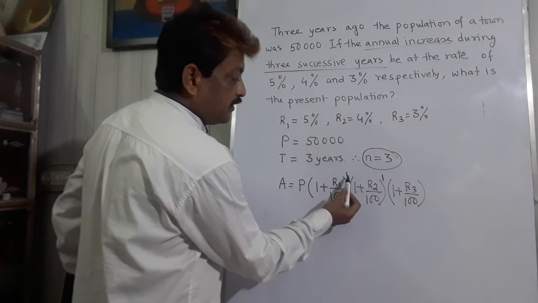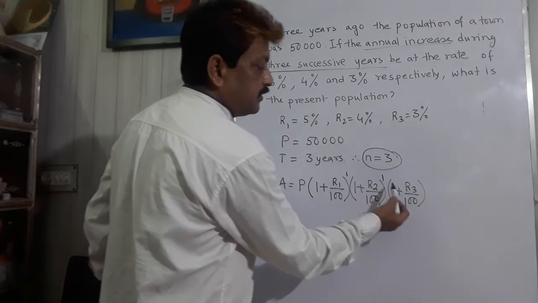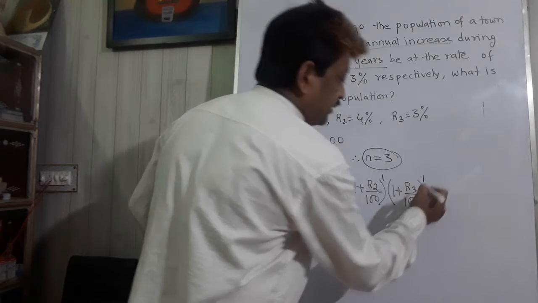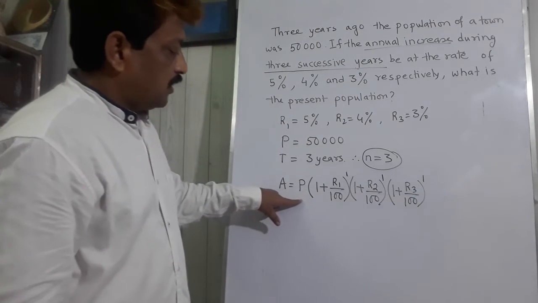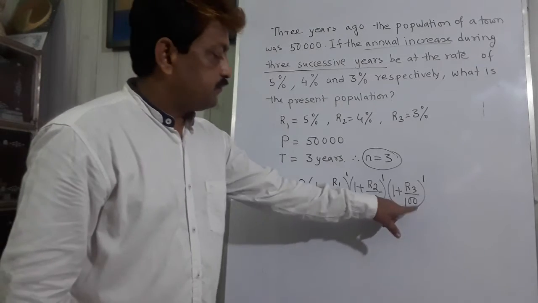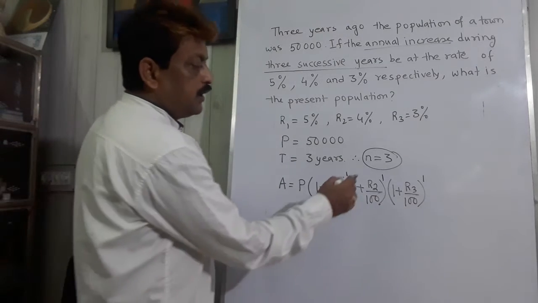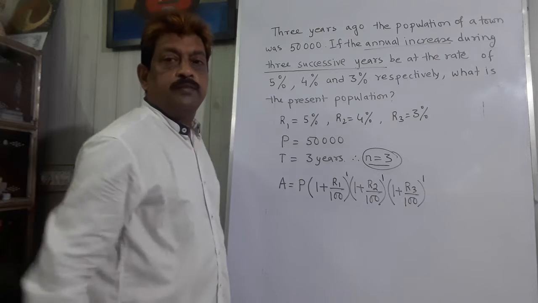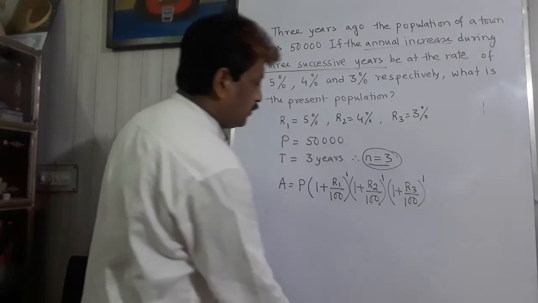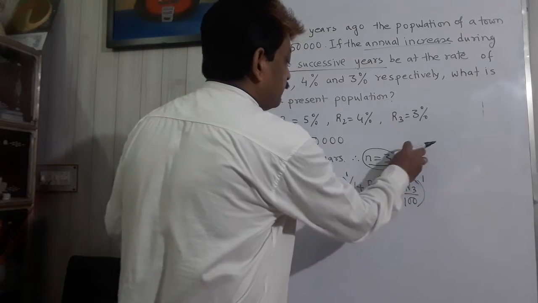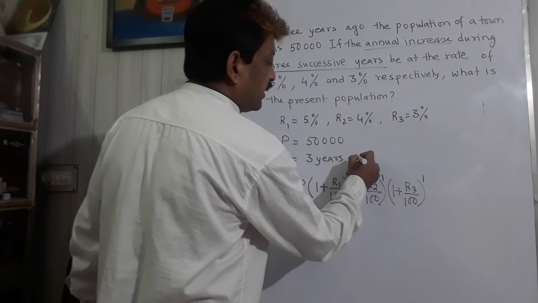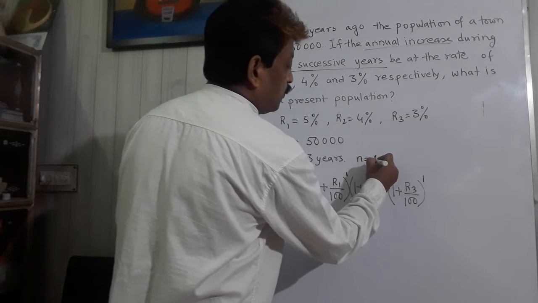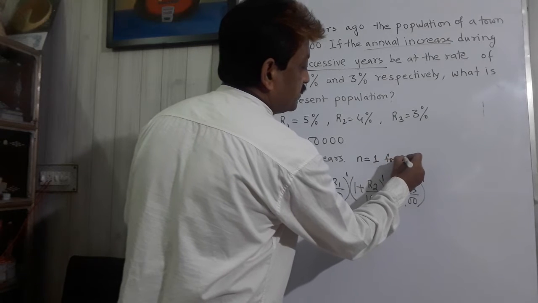So I cannot write 3 here, I have to write 1, because this is the case of 1 year each. Okay, understood? So here n equals 3 is not required, so I am removing this, or we can write n equals 1 for each year.